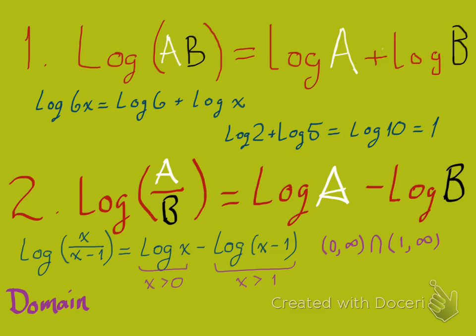And think about that for just a moment. 1 to infinity is actually a subset of 0 to infinity. The overlap, or the intersection of those two intervals, is simply 1 to infinity. So that's the domain there of the combination of log of x minus log of x minus 1. Therefore, that's the domain of our original function there, x over x minus 1.